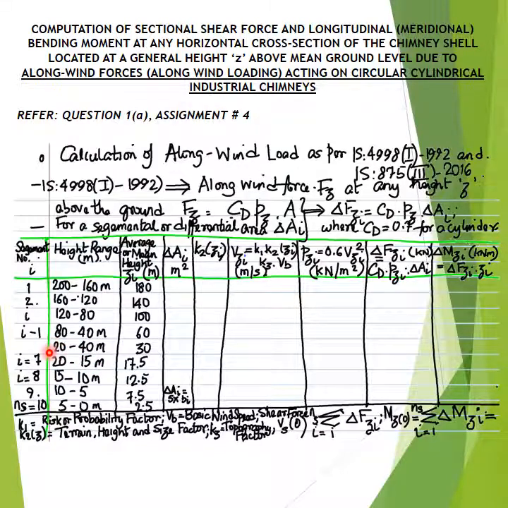Therefore, smaller subdivisions are considered, that is, smaller sub-ranges of heights are considered closer to the ground level.